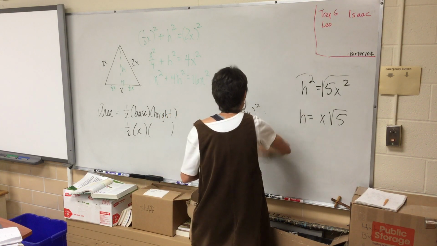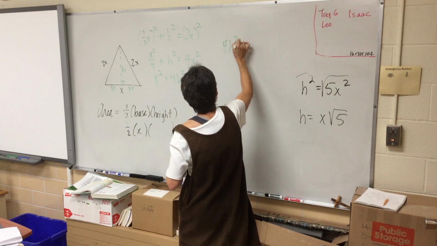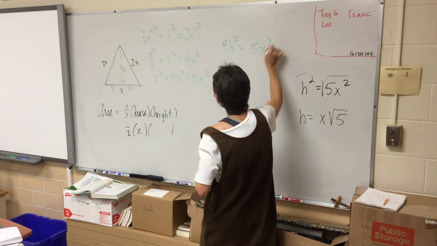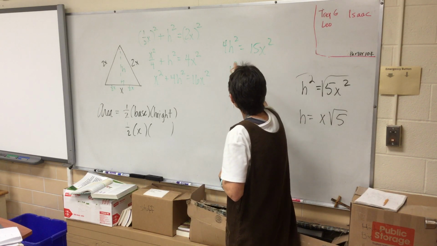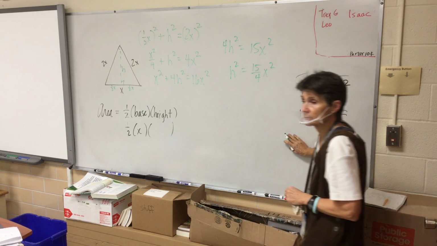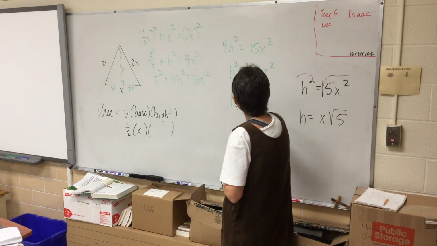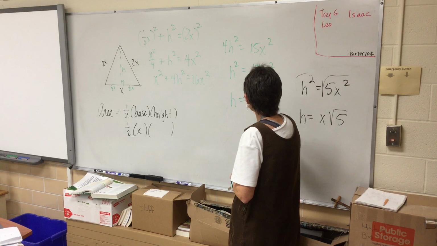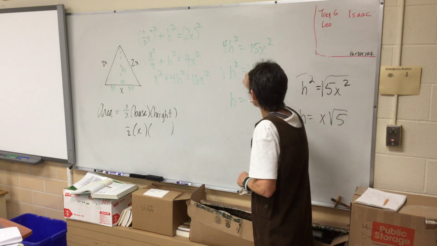So it looks like, what? 4h squared equals 15x squared. So h squared equals 15x squared over 4, and h equals the square root of 15 over 2 times x, if I take the square root.